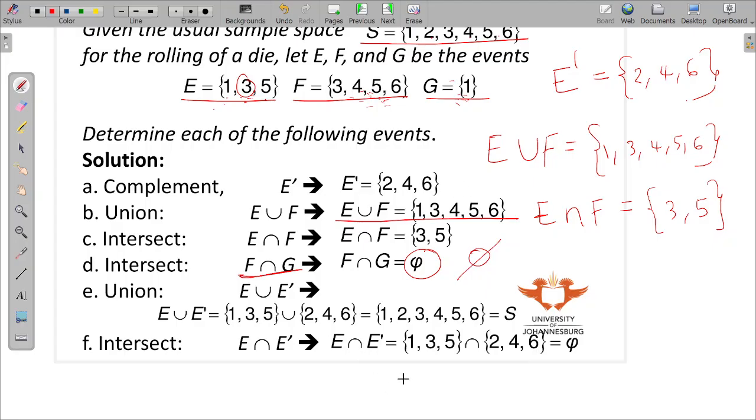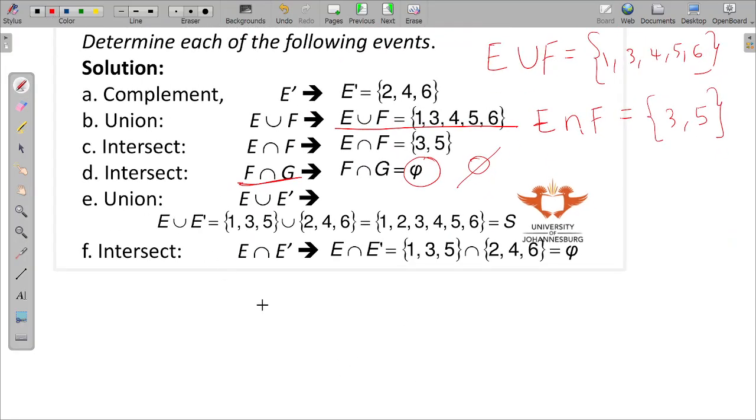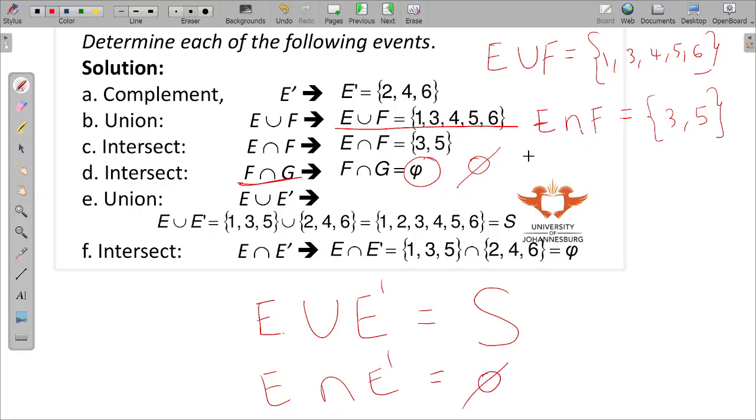Please make sure you take note. You can see that E union E complement will give us the sample space. E intersection E complement will give us empty because there's nothing between them.